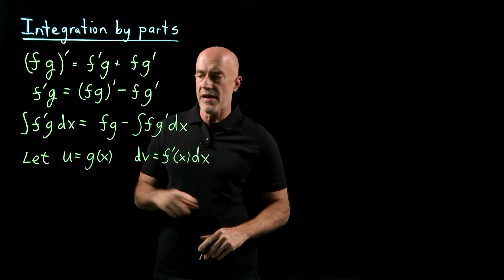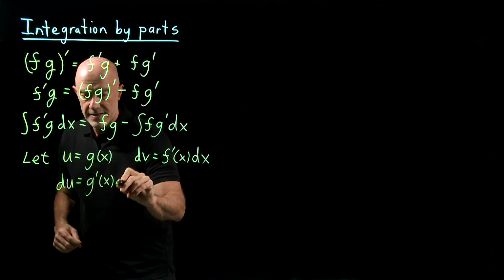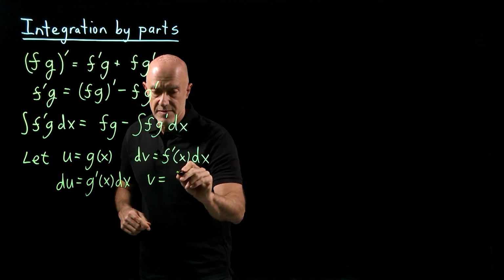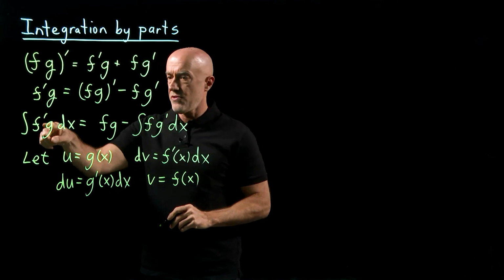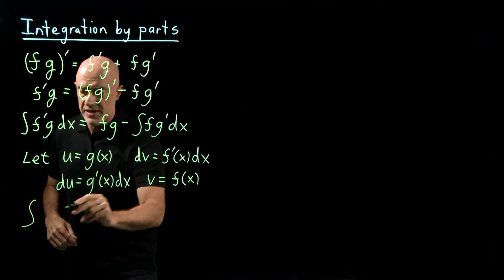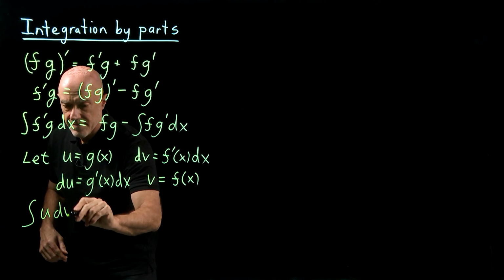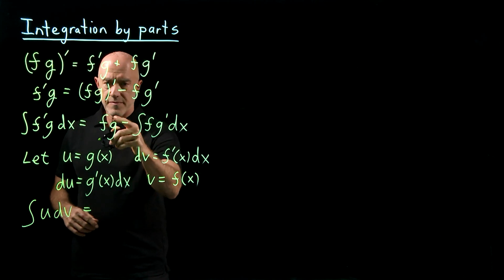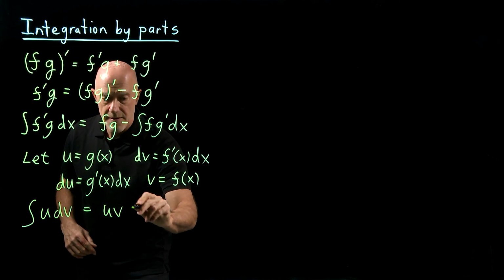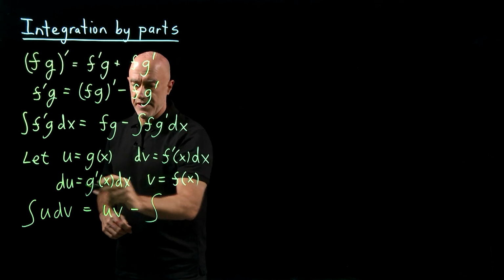Then we can take the differential of u, so we have du equals g prime of x dx. And we can integrate dv, so we have v then is simply f of x. So this formula then becomes the integral of u dv, right? F prime of x, g of x dx, u dv is equal to fg then would be uv, so equal to uv, minus the integral of fg prime then would become v du.